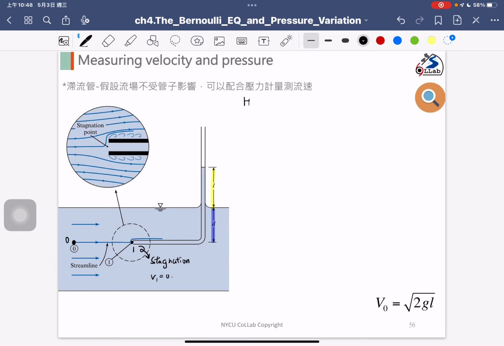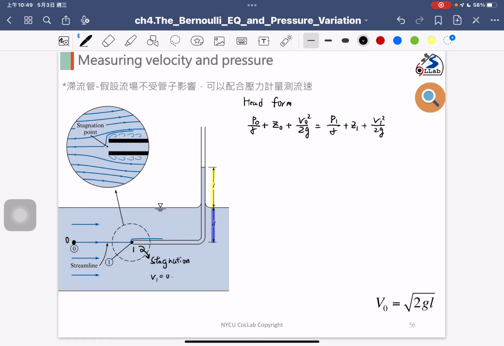So P0 over gamma plus Z0 plus V0 squared over 2g will equal P1 over gamma plus Z1, and also V1 squared over 2g.